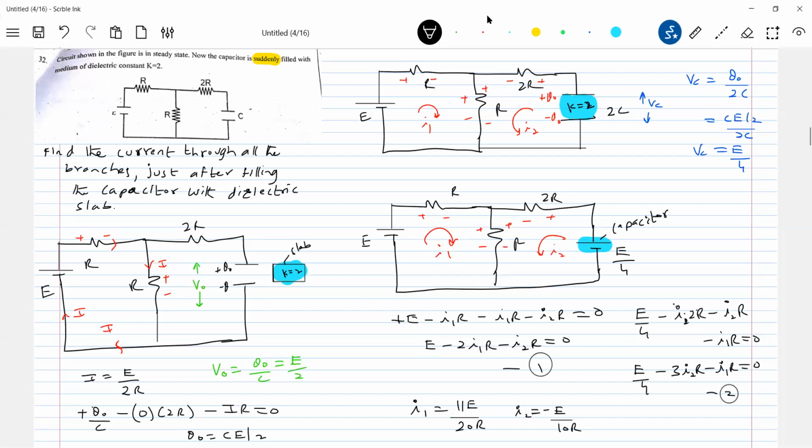What to do at any instant of time t? How to do the same problem at any instant of time t? Okay, like t equals 0, at any time t, I want the current.